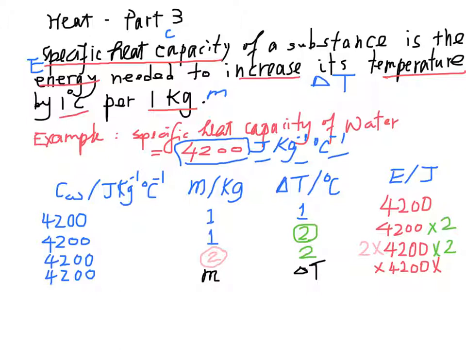If now we want to increase m kg of water by a temperature of delta T, the energy needed would be m times 4,200 times delta T.